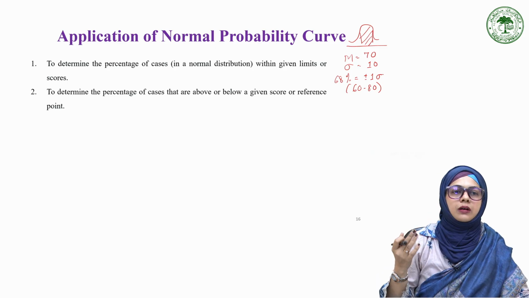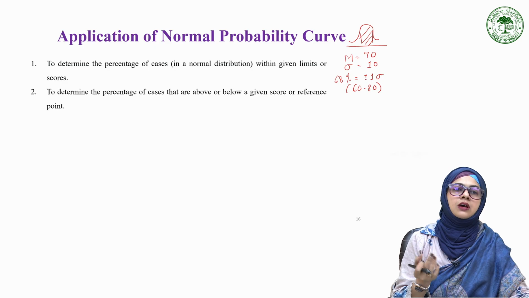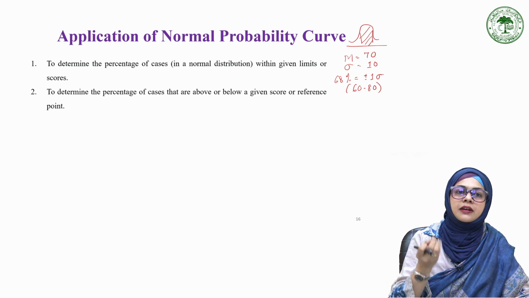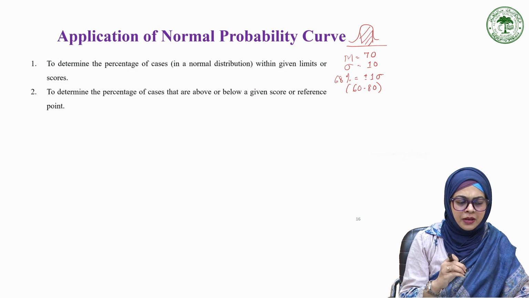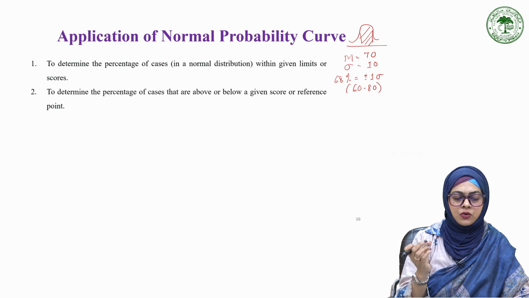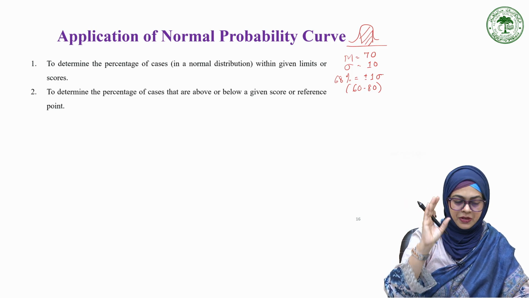The second application of NPC is to determine the percentage of cases that are above or below a given score or reference point. Here you can find the proportion of the population scoring below or above a specific point.